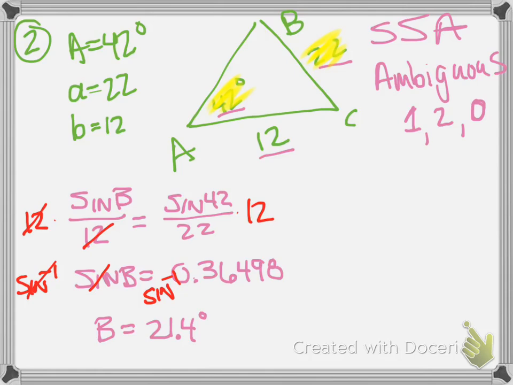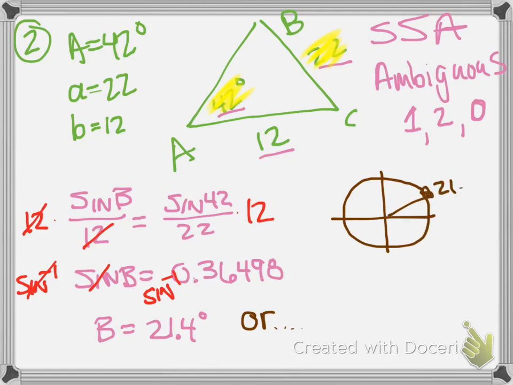Now, here is where the ambiguous case comes in. Not only do I get 21.4 degrees, I also get another answer. All right, you guys just finished your Unit 2 test, and you know that there's two answers. So, when we do the sine, the first answer is 21.4 in our first quadrant.